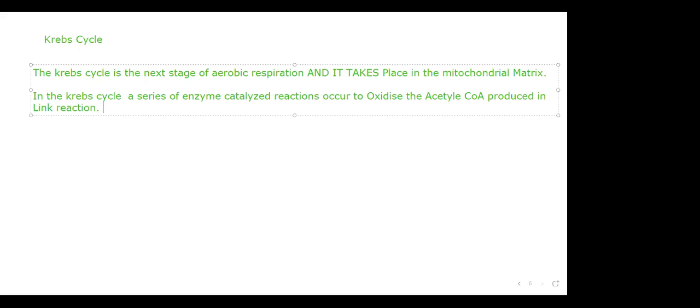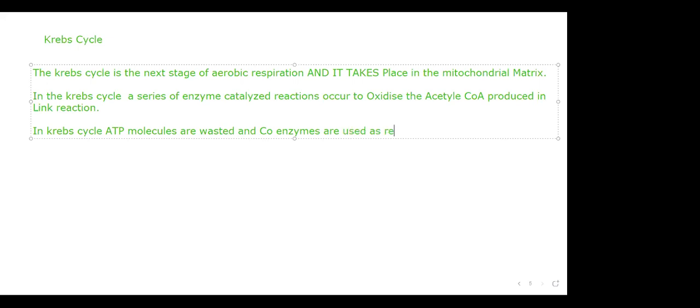So next point. In the Krebs cycle, ATP molecules are wasted and coenzymes are used as reducing agents.